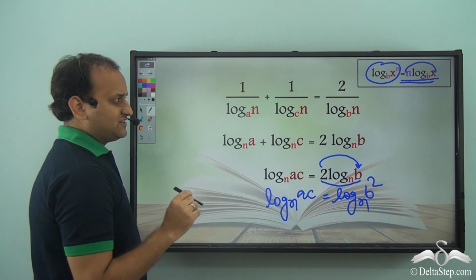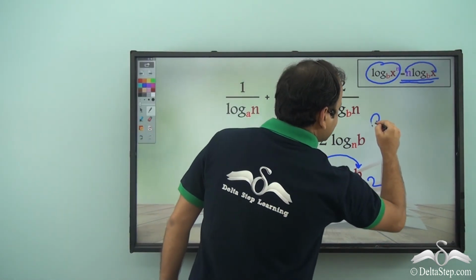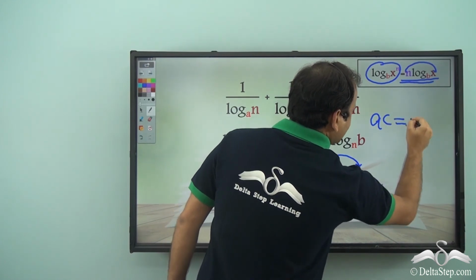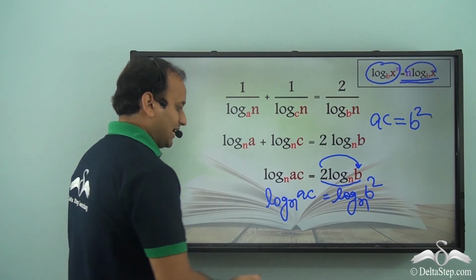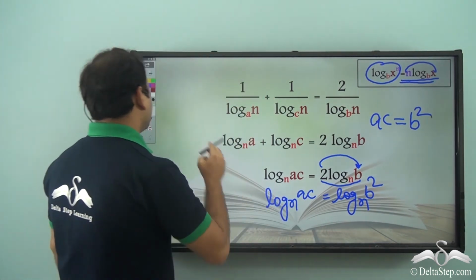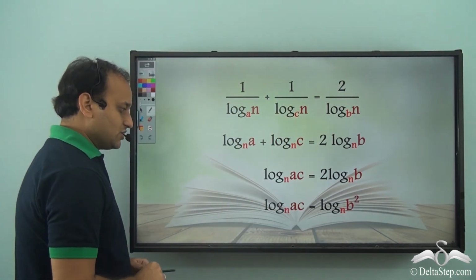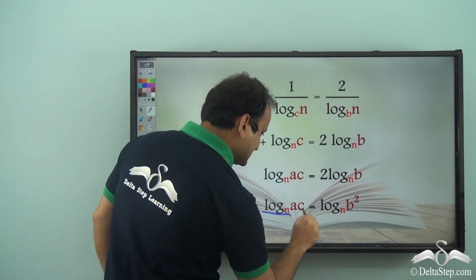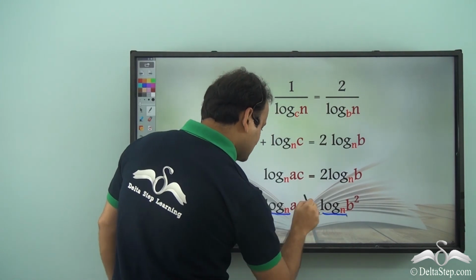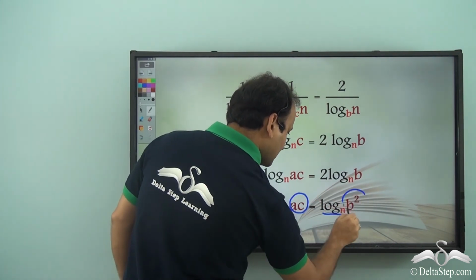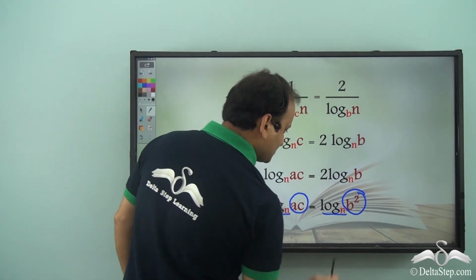Now, what did we need to prove exactly? We need to prove that ac is equal to b square, isn't it? And now we have this particular expression. So once we have simplified this, we have log to the base n on both the sides, and the expression is the same, that is log ac to the base n is equal to log b square to the base n.